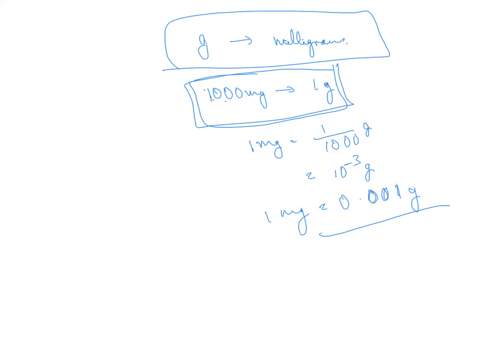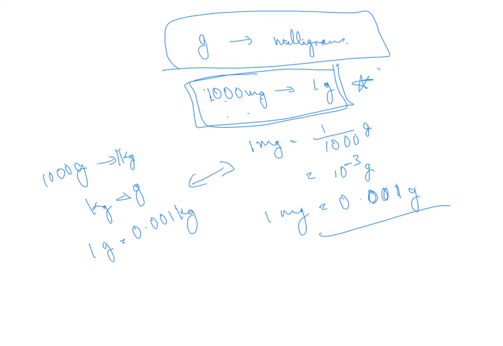If you know this one conversion, you find the other. So there could be something like milligrams to grams, or grams to kilograms, or kilograms to grams. Usually the same, 1,000 grams means 1 kilogram. So 1 gram means, again, 0.001 kilograms. The calculations are the same.